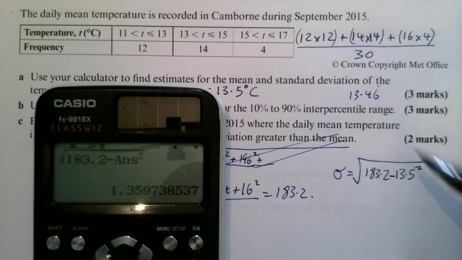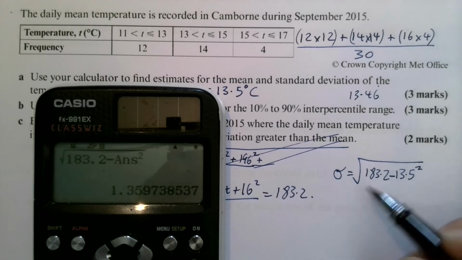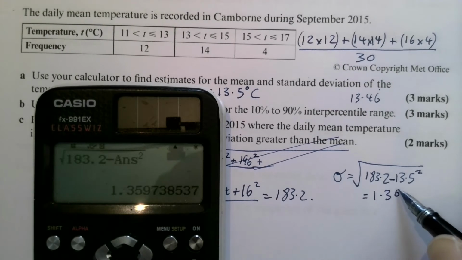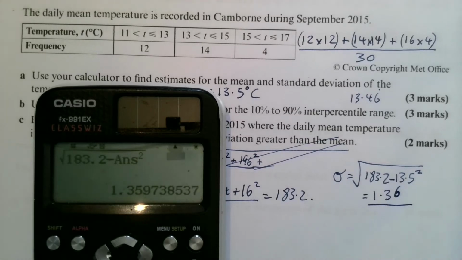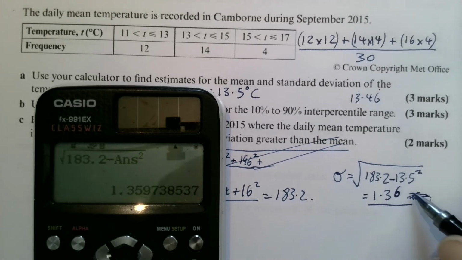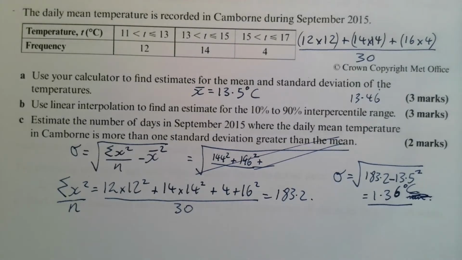Anyway, that's going to give you a fairly different answer if you were to just put 13.5 in there. So if you put all of that in there, you should get 1.36. Minutes. Not minutes, is it? We're talking about degrees here. Degrees Celsius is our standard deviation for that one.